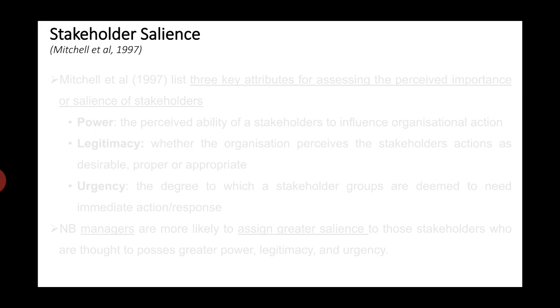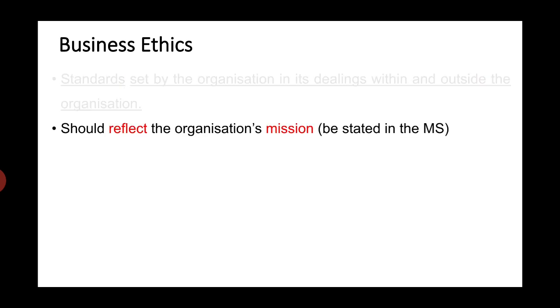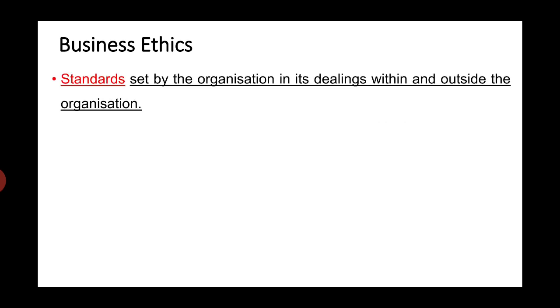Now we'll come to an important point here. We talked last time in chapter 8 about business ethics, which is one of the most important things for any organization. An organization cannot stand without standards.